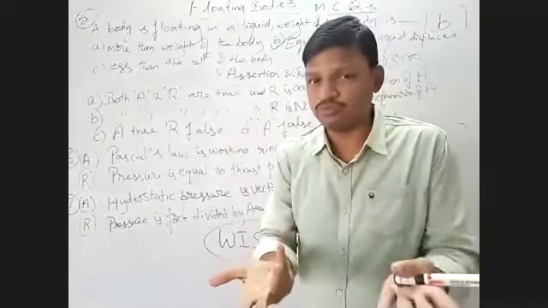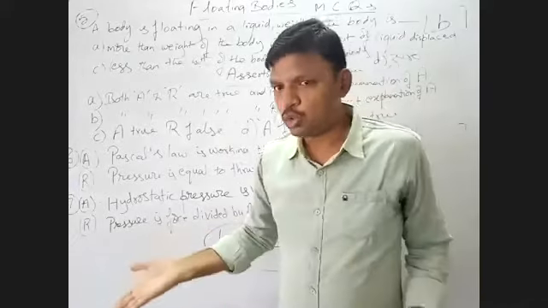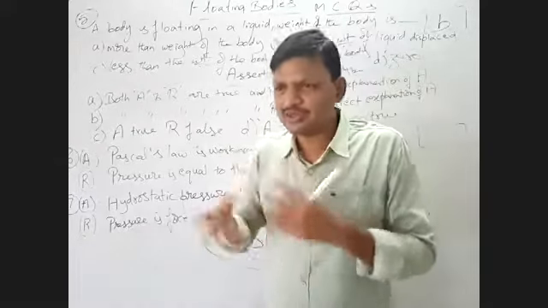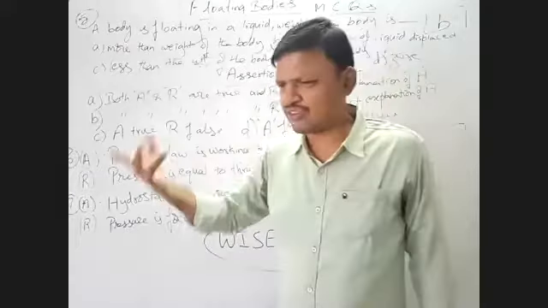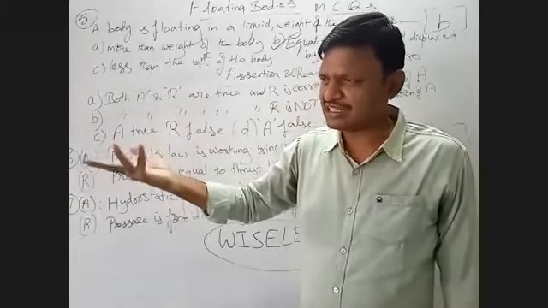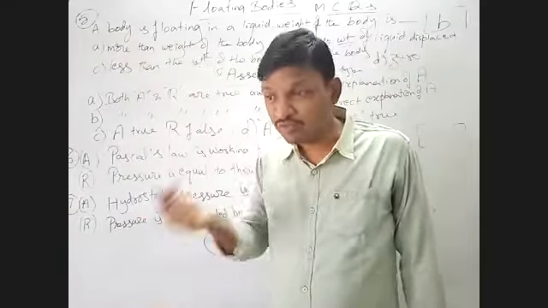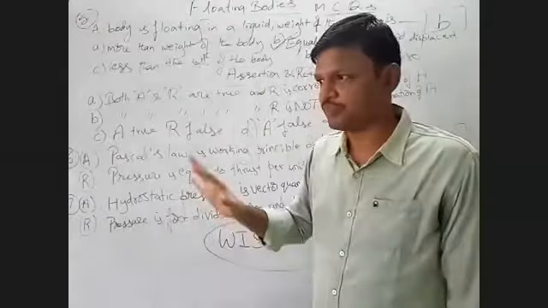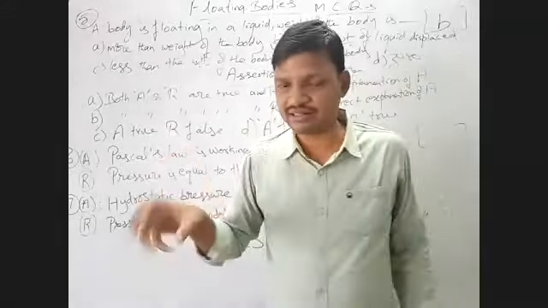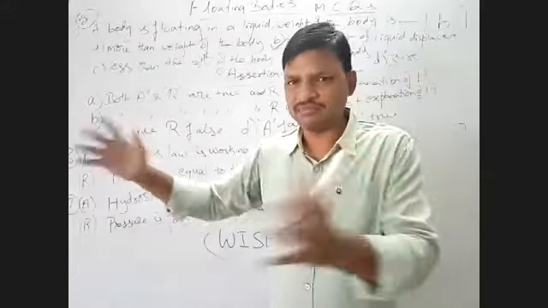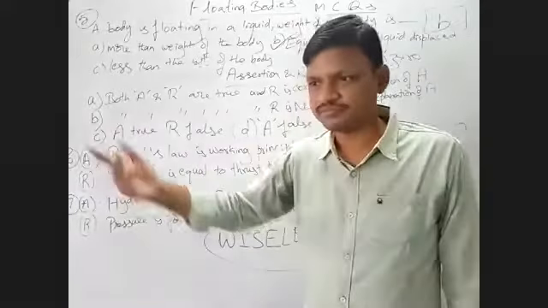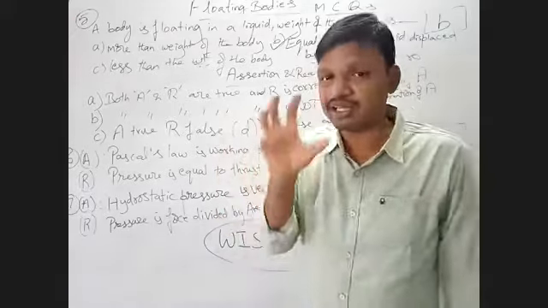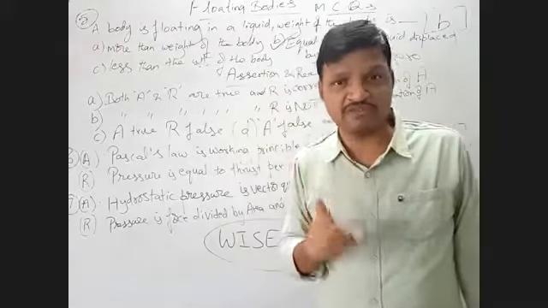I don't know about you, because you are the 2K generation kids. Everything is speed, fast. Born fast, growing up fast, getting diseases fast, and dying fast. Why I am saying dying fast: most of the students, not all, are fascinated with bikes. They drive rash and commit accidents. During accidents, God is there; if God saves them, they will be in life. Otherwise, they are not knowing the value of life.